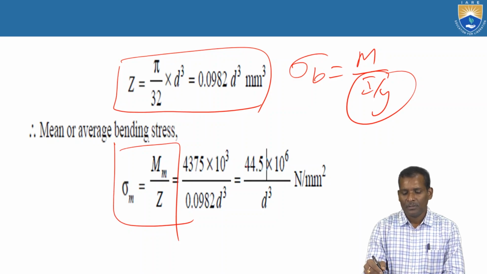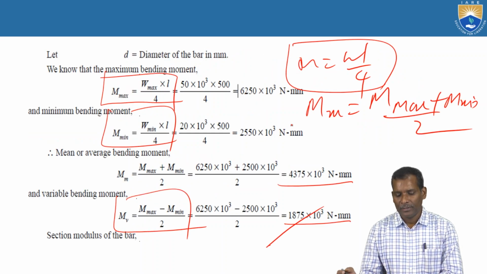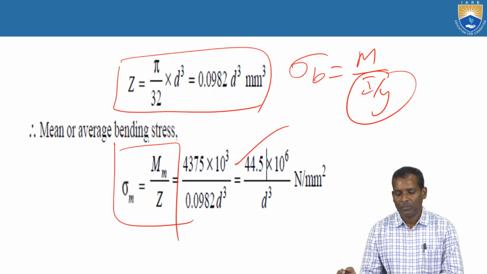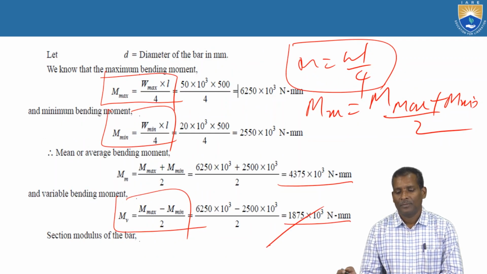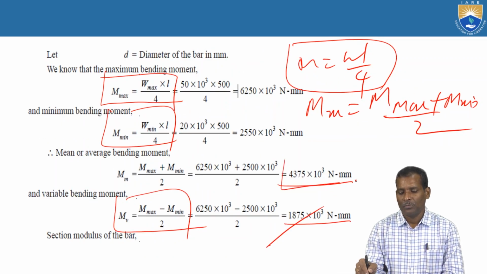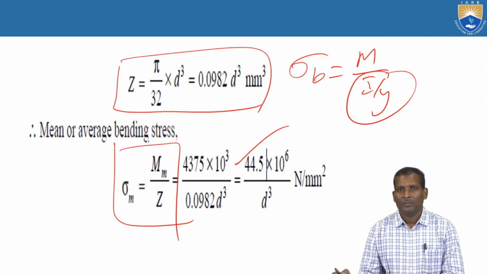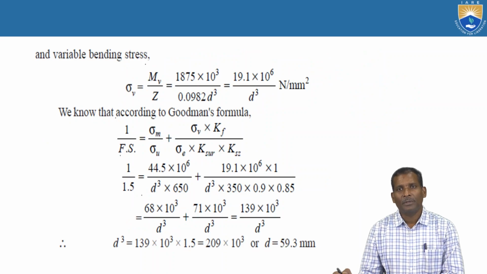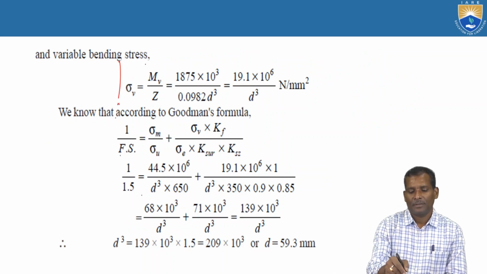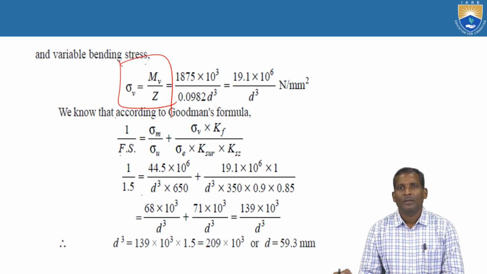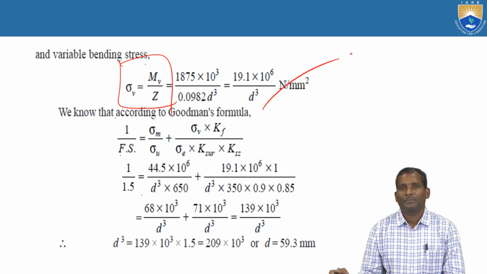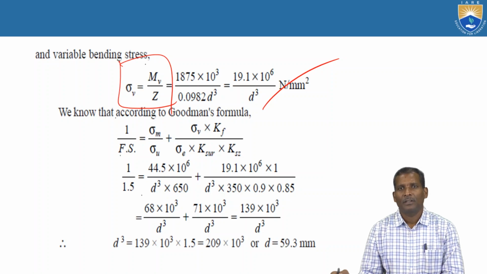Now substitute the calculated mean bending moment. What is the mean bending moment? 4375 into 10 cube. And calculate bending stress in terms of d. Similarly, variable bending stress in terms of d is variable bending moment upon Z.